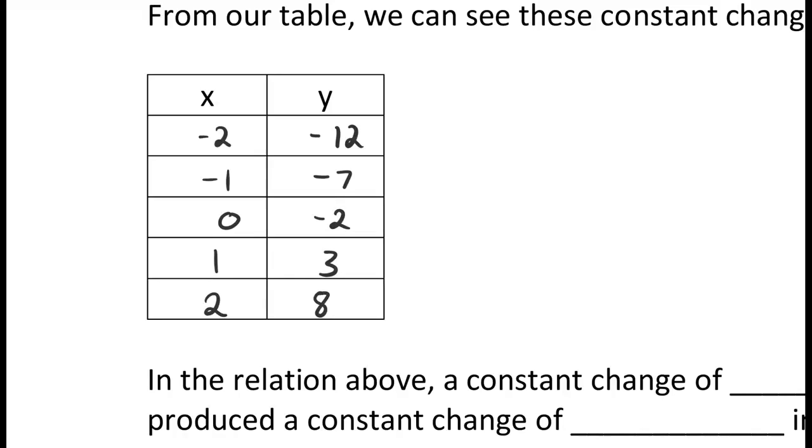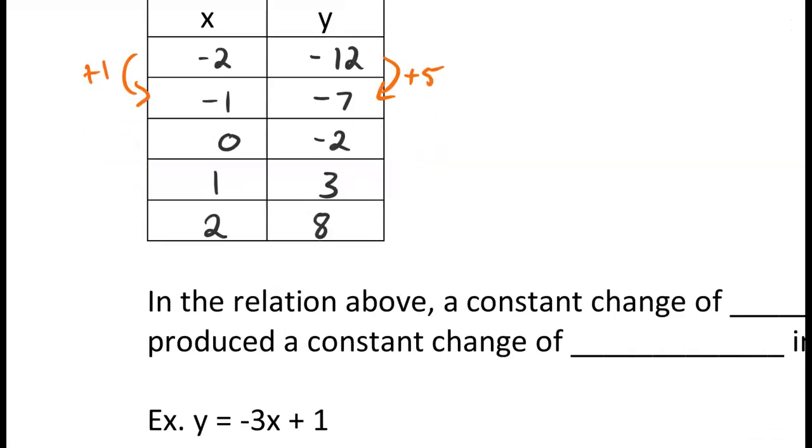So the changes that we had here were from here to here was plus 1, and here to here was plus 5. So our change in x every time was plus 1, and our change in y every time was plus 5 when we were moving down the table of values.